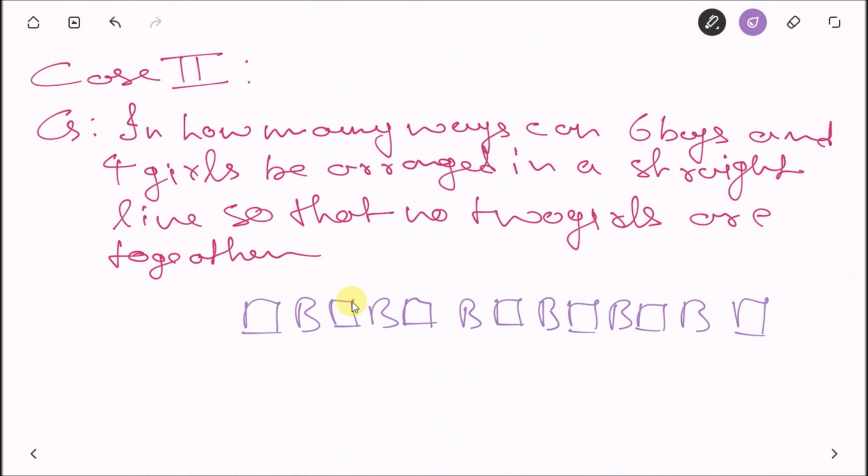So I will have 7P4. 7P4 will be the answer, which is 7 factorial by (7 minus 4) factorial, 3 factorial. So 7 into 6 into 5 into 4, right? This will be the answer.